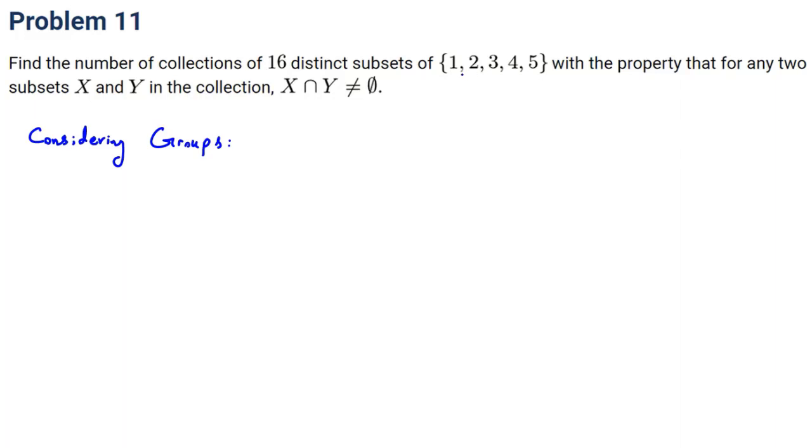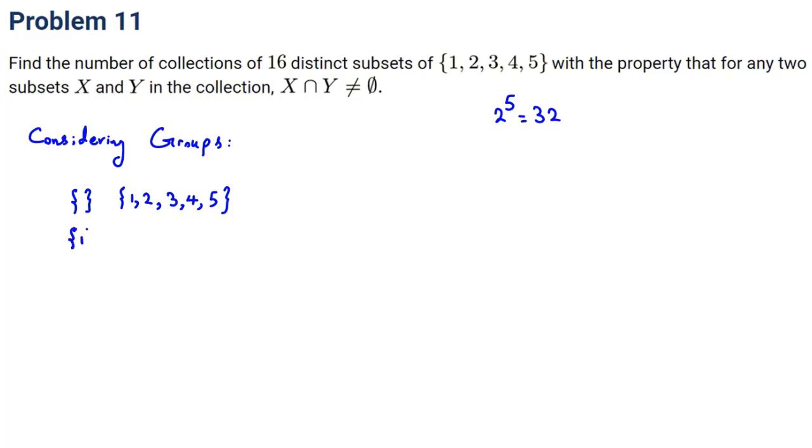Look, if you consider the subsets of {1, 2, 3, 4, 5}, we have 2 to the 5, which is 32 subsets, because each element comes or doesn't come. We consider, for example, the null set with 1, 2, 3, 4, 5. Look, complement sets.